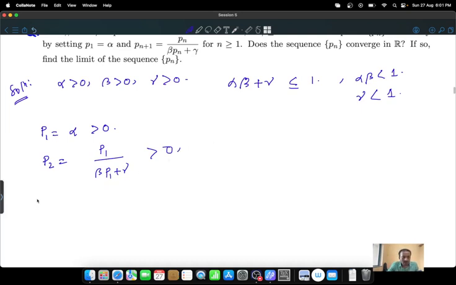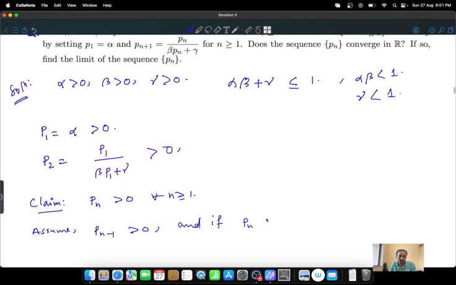In that way I shall use induction to show that every Pn is a strictly positive number. So now my claim is Pn is strictly positive. You assume that Pn minus 1 is positive, because you have got the result for 1 and 2. So assume Pn minus 1 is strictly positive, and if you want to show that Pn is positive, that is the next term.